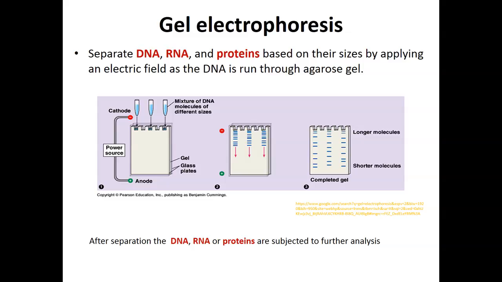So they're going to run from the negative end to the positive, but now they're separated based on size. The smaller ones run first, and the larger ones are held back. Then you can take those, do the gel transfer, and analyze further. If you are interested in a specific protein, you can look it up.